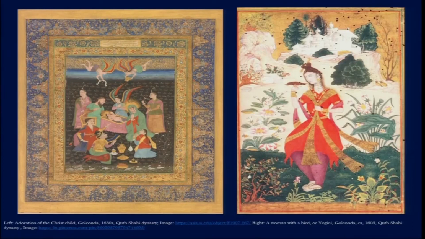Those heroine figures, the Nayika figures, are seductive, they are desired by everyone else, and they are the ones who are beautiful, and so their beauty is celebrated. But the yogini figures actually mark a shift from that kind of convention.